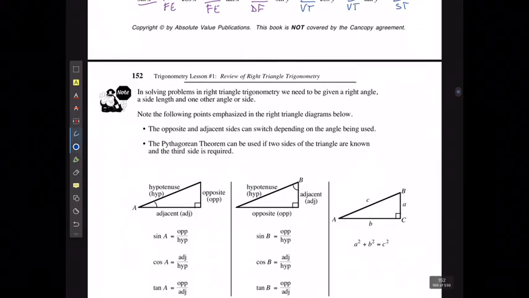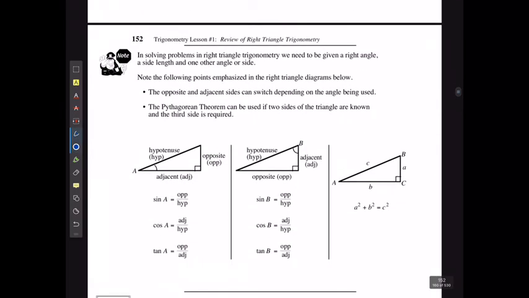In solving problems in right angle trigonometry, we need to be given a right angle, a side length, and one other angle or side. So we always need to know the right angle exists. We always need to have at least one side length, and then the other case can be another side length or another angle.